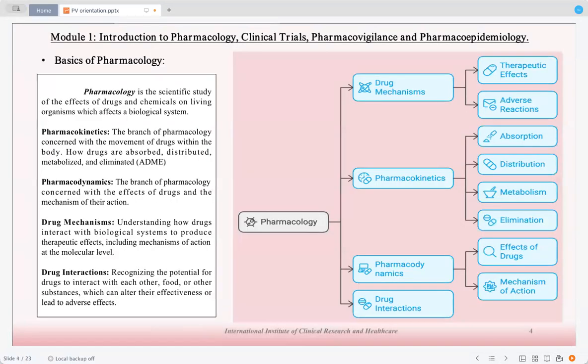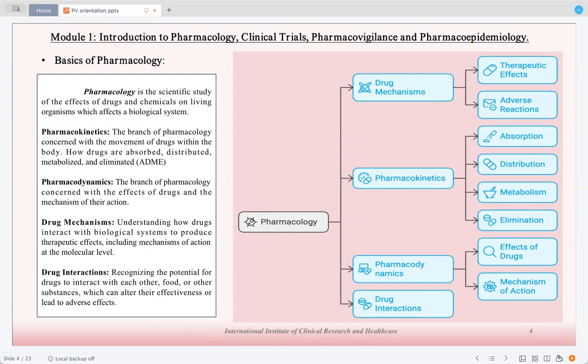Let's start with what is pharmacology. Before knowing about pharmacovigilance, we need to know what is pharmacology, what is clinical trials, and what are the phases of clinical trials. Pharmacology is the scientific study of the effects of drugs and chemicals on living organisms, which affects a biological system.